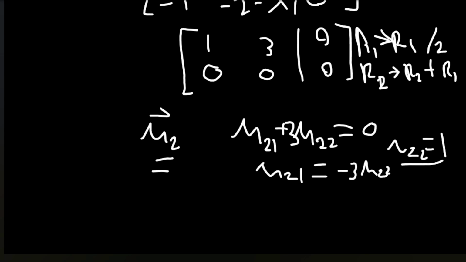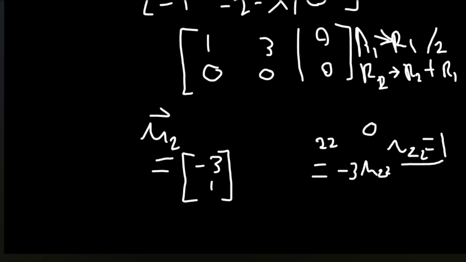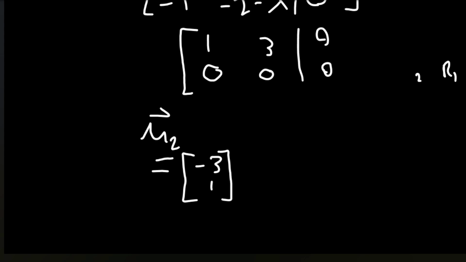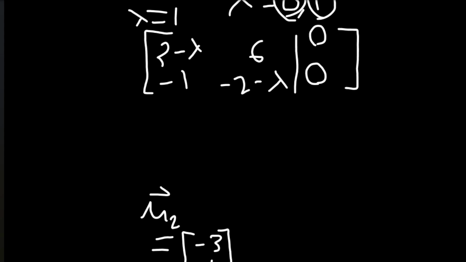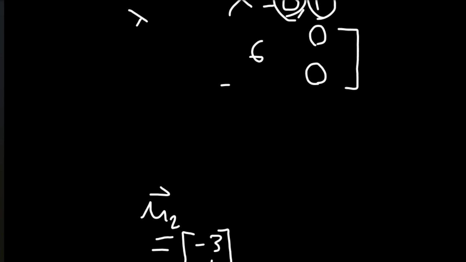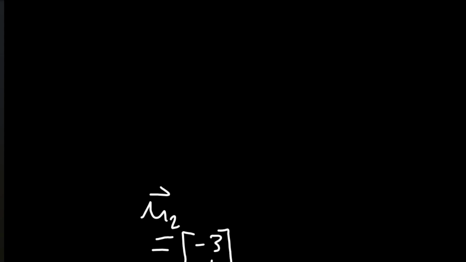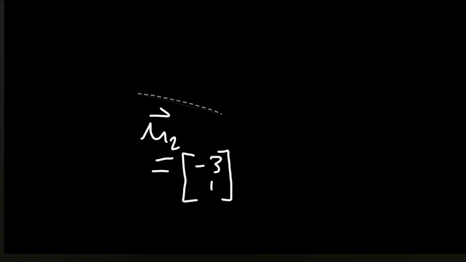So then our new eigenvector is going to be negative 3, 1. Now that we have our two eigenvectors, we can write a general solution for our system of differential equations.